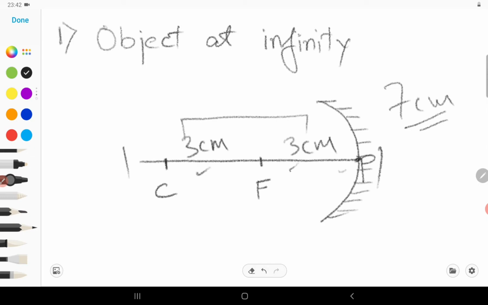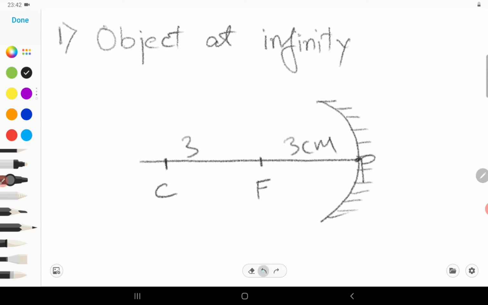Keep the 0 of the ruler at the pole, at the 3 centimeter mark you mark the focus, and at the 6 centimeter mark you mark the center of curvature. These are a few things you need to know. Since I am not using the ruler here, I might not get the proper result as in your book. So let us try to understand the diagram.